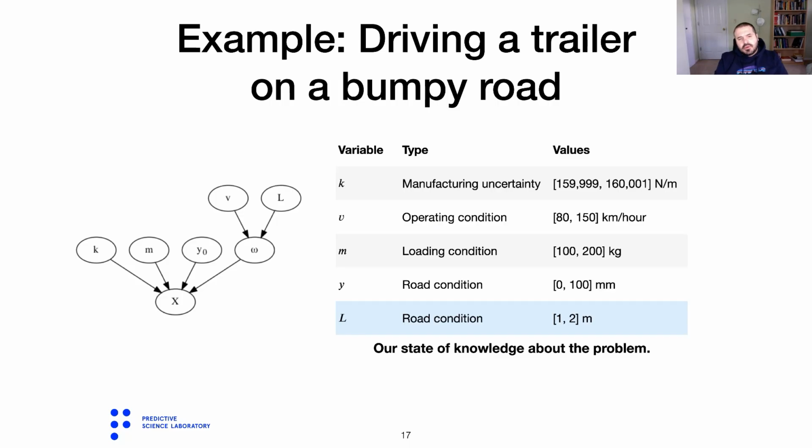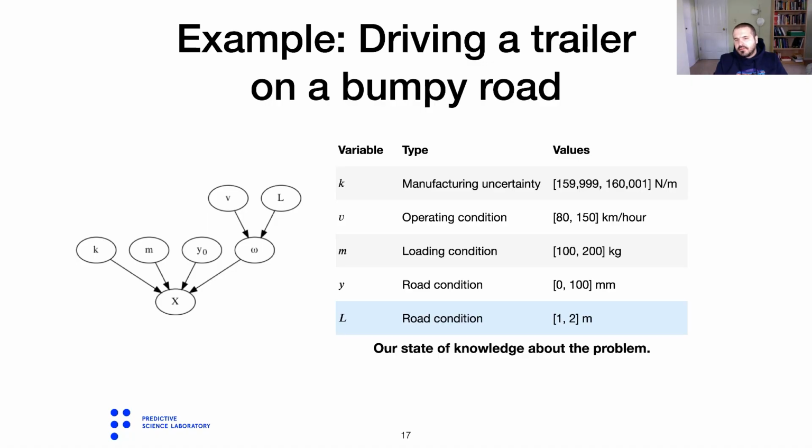Now the next step is to quantify our state of knowledge about the end nodes of this graph. So we need to go over each of the nodes that have no parents, and basically say what we know about them. If we go to k, for example, it's a spring constant. We're probably dealing with a specific spring which we bought from somewhere, and we go and ask the manufacturer what the spring constant is, if you don't want to measure it, of course.